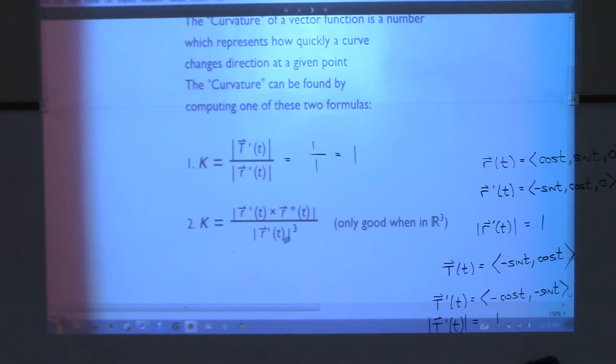Okay, now the formula says you need the derivative of that and its magnitude. So you have to take the derivative of this again and then find its length.